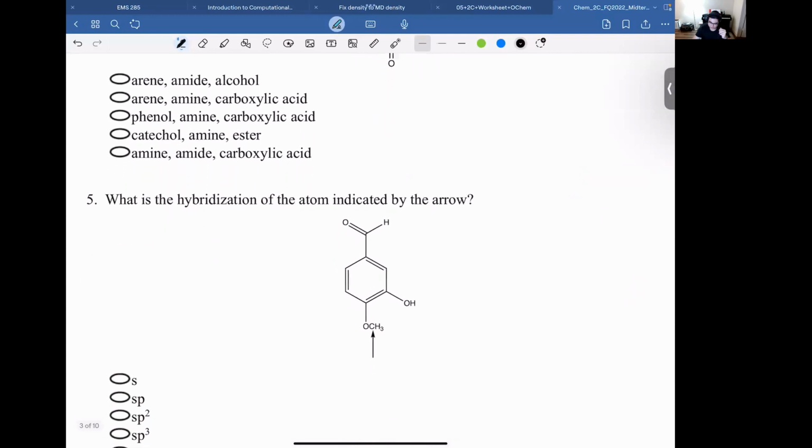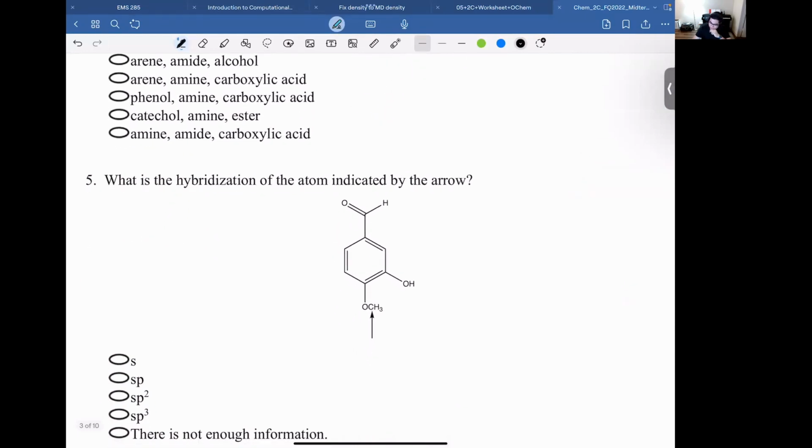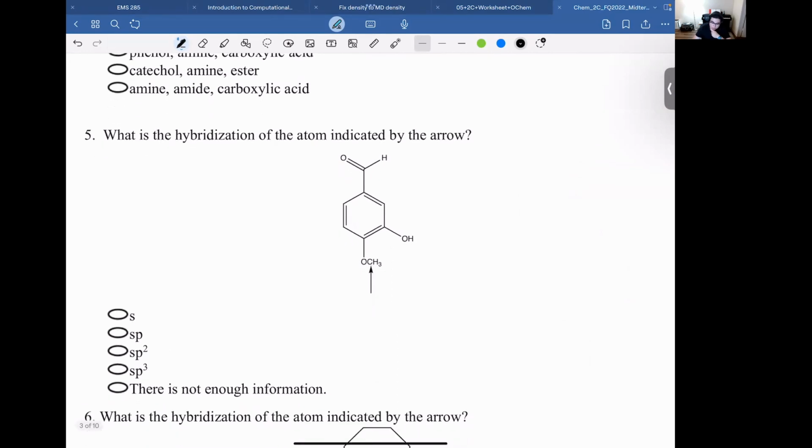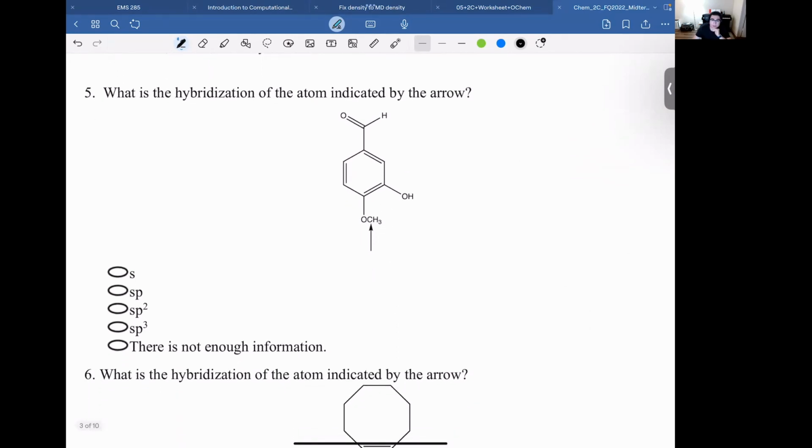So going on to number 5, it says, what is the hybridization of the atom indicated by the arrow? An easy way to check hybridization is to check how many pi bonds that atom has. This is not always true if you take OChem, but it's true for this class. If it is sp3 hybridized, you have no pi bonds.